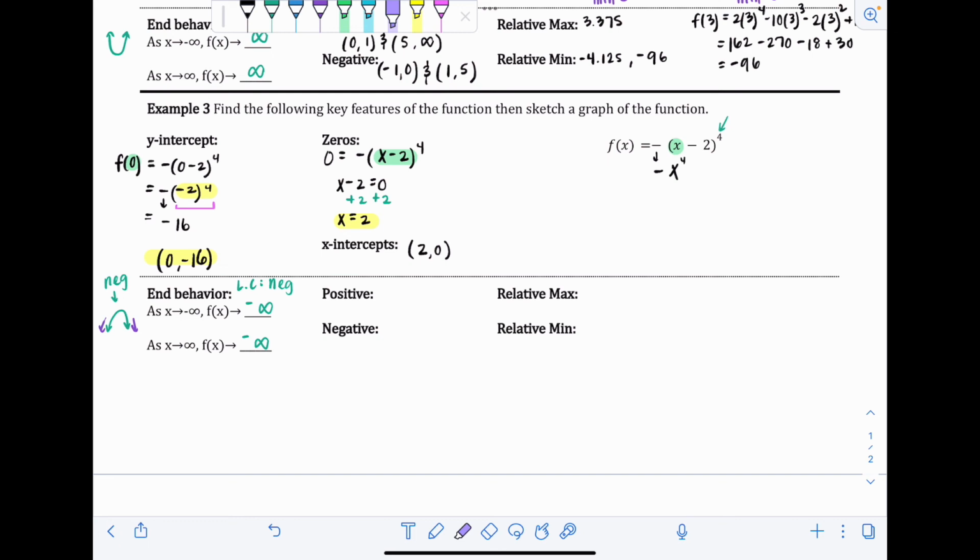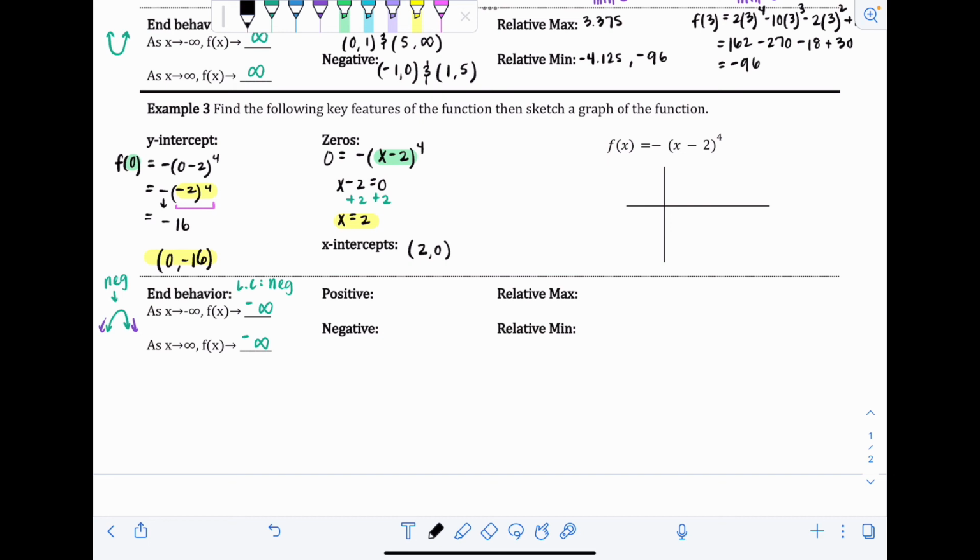And then from there, we'll go ahead and sketch the graph before we answer the rest of it. So I just have the one x-intercept at 2, so I don't have to make my x-axis super long or anything. Don't even really need a negative x-axis.